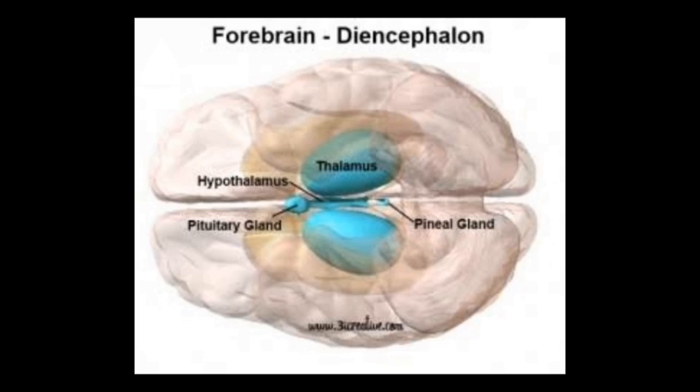It also helps in controlling the body temperature, thermoregulation, and also the water salt balance in your body, which is known as osmoregulation. Please remember this: osmoregulation and thermoregulation. Controlling of body temperature is thermoregulation, and the balancing of the water salt content in your body is osmoregulation.